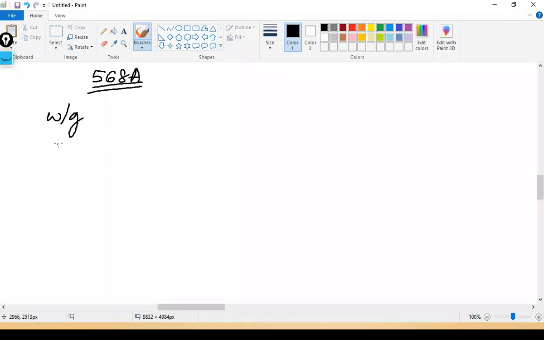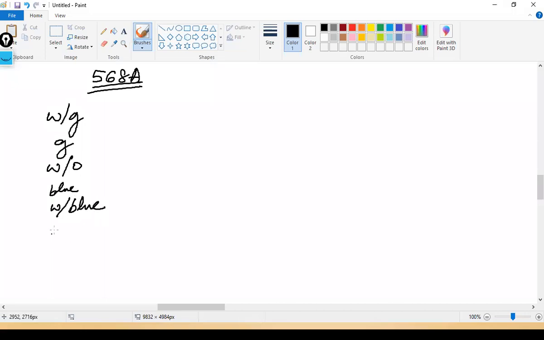The second is green. And the third is white orange. And the fourth, any guesses what the fourth is? No, it's not orange, it's blue. So this one is white blue.